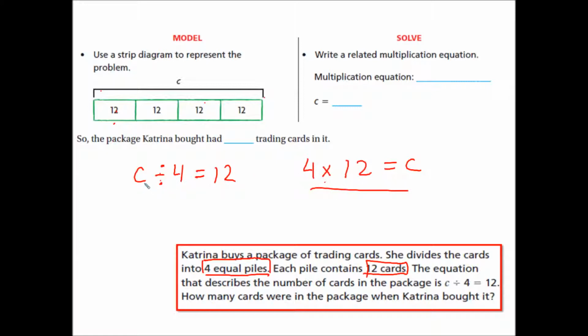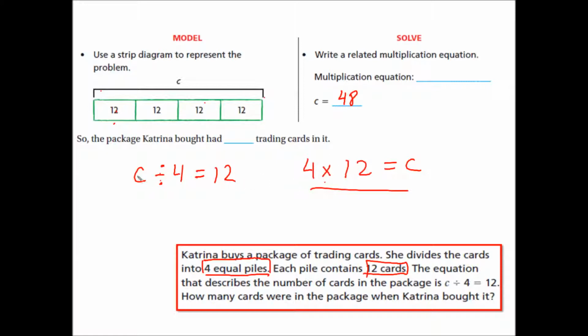Well, I have a division problem here, and to solve it, I did the opposite of division. I said 12 times 4 equals C. And whatever this is going to be is my answer. So 4 times 12 is 48.